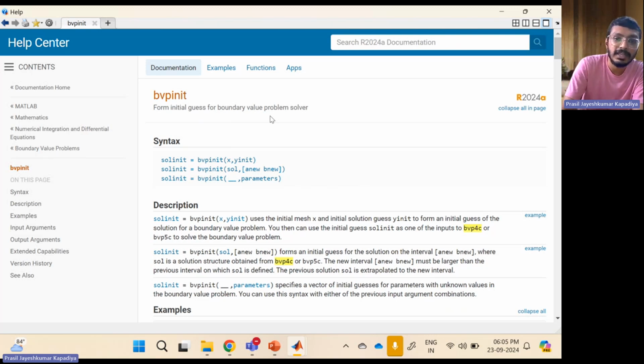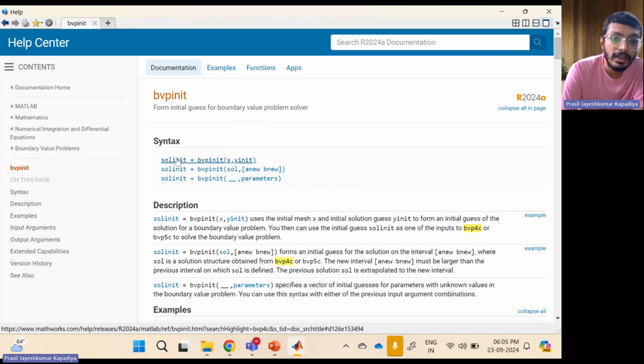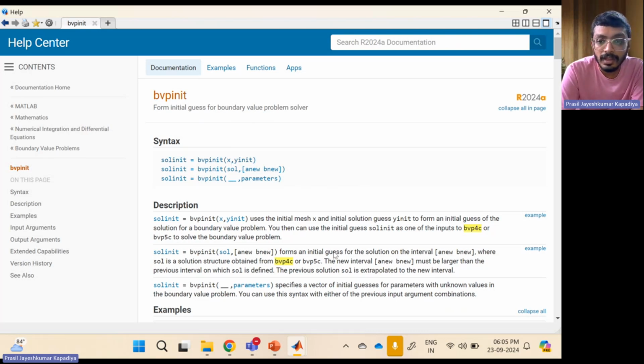What is the syntax? The syntax is solinit equal to bvpinit(x, y). Let's take an example. If we read this, it uses the initial x mesh and initial solution guess yinit to form an initial guess.